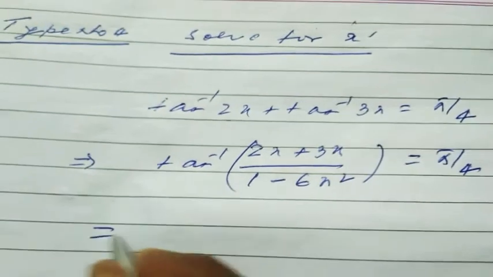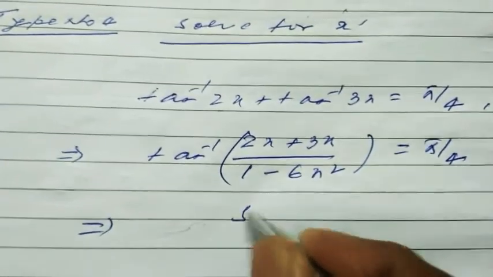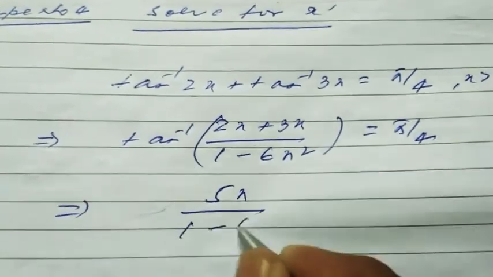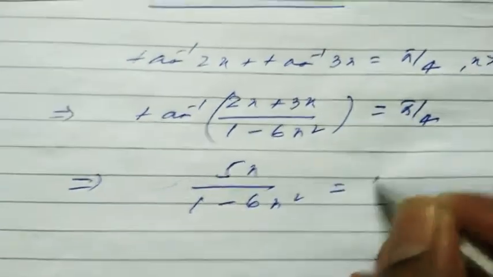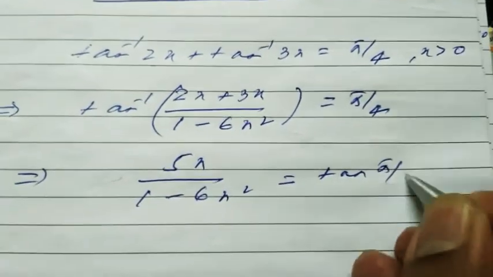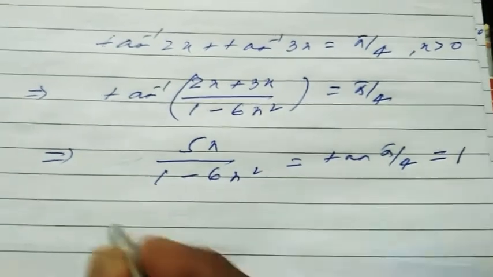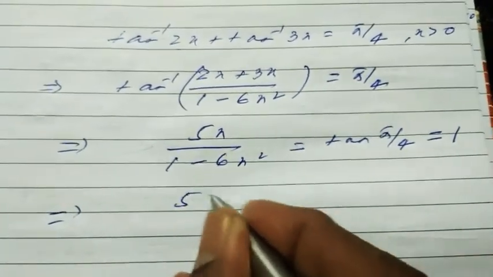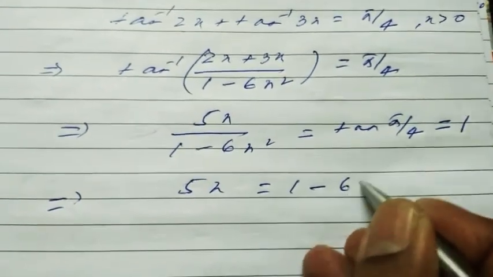Further, when we solve it, this is 5x upon 1 minus 6x squared, equal to tan of pi by 4, and tan of pi by 4 is 1. So this will be 5x is equal to 1 minus 6x squared.